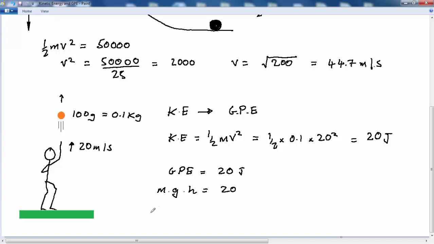So substituting in again, 0.1 times 10 times h, that's the term that you want to find, is equal to 20, and so h will be equal to 20 divided by 1, which is equal to 20 meters. Okay, so again, that's a typical type of energy transfer problem that you will find in an exam question.